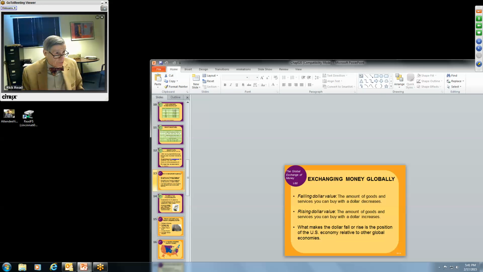Same thing with the pound. The pound was up around $1.60. Last I looked, the pound was down around $1.50. So it's not fallen as far as the euro, but it's still fallen. And then the dollar has appreciated against other major currencies around the world because of its strength. It's certainly appreciated against the Russian ruble. It takes about 65 rubles now to buy $1.